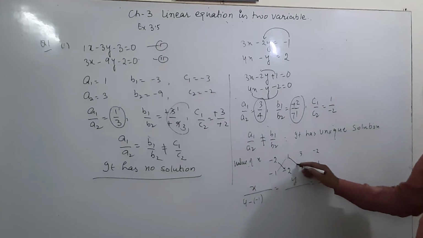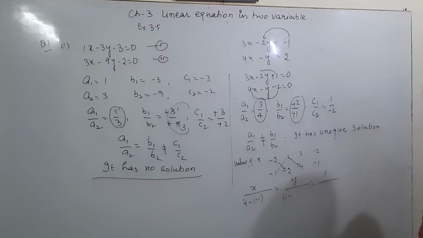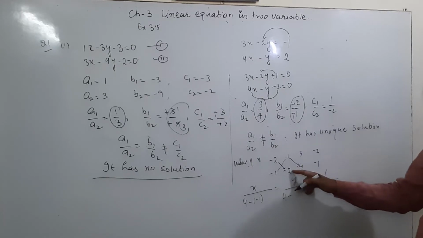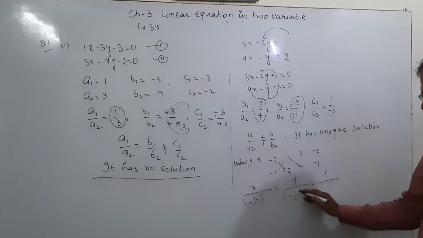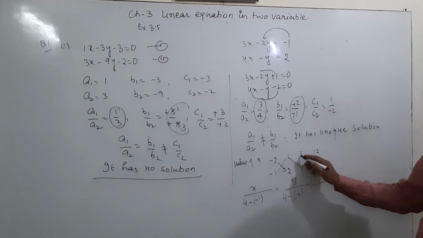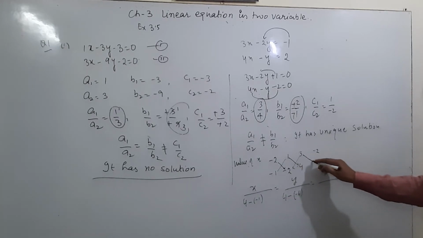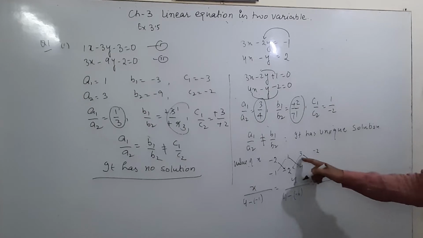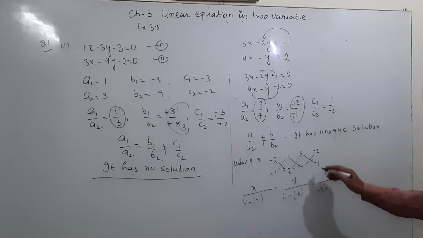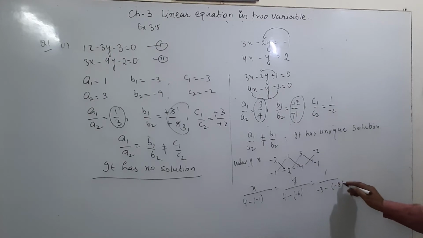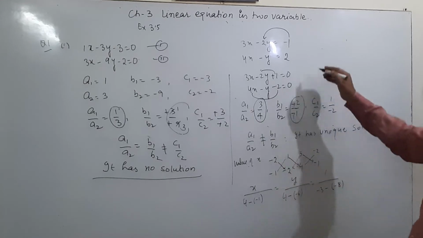And now 1 multiplied by 4, 4, we have to put minus. And now 3 twos are 6, here is minus 6. Again this 3 multiplied by minus 1, 3 into minus 1, minus 3. 4 into 2, minus 8. And now the answer is x upon.